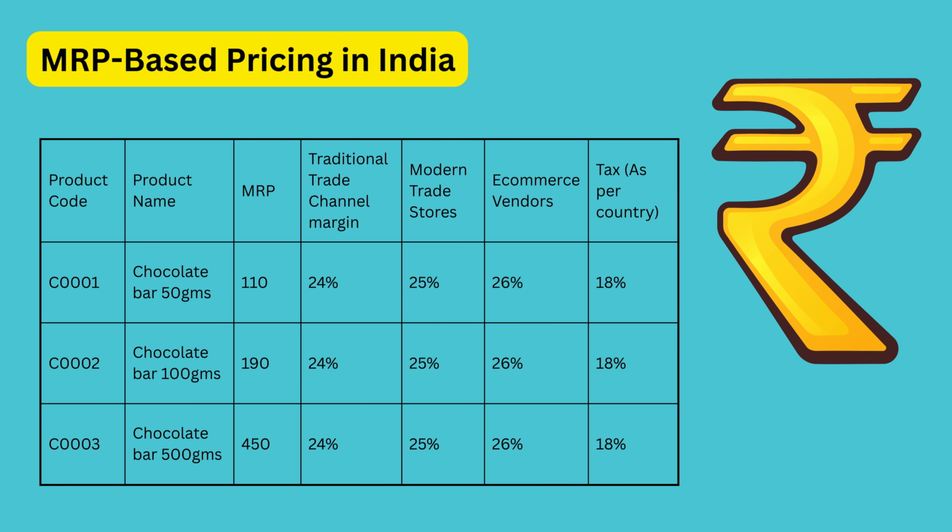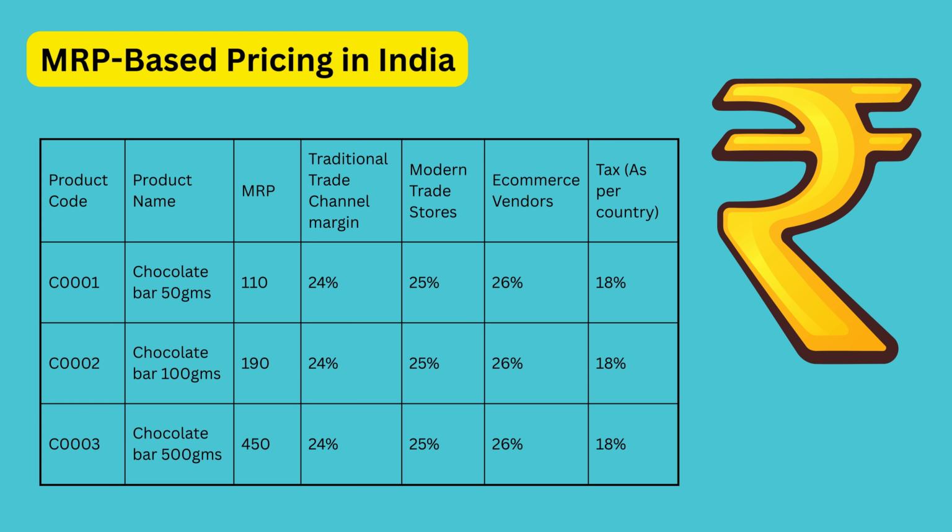Now let's discuss MRP-based pricing. In India, we follow MRP-based pricing. So the manufacturer of the product will set an MRP for its product, and that is the maximum retail price that the end consumer will pay. So in our example, a chocolate bar of 50 grams has an MRP of 110.